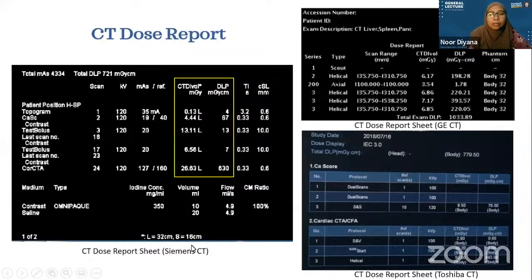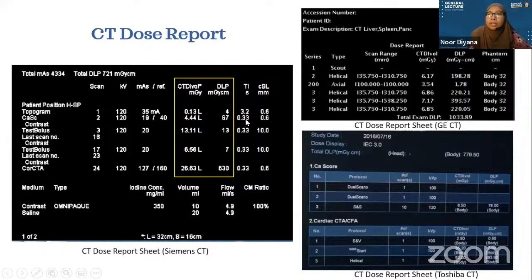Another important parameter is the phantom size that has been used, either the large body phantom or the small one, which is 16 centimeters. Same here, it gives you the reference phantom used, and also here, body. And then it gives you the kVp used, and then the mAs.